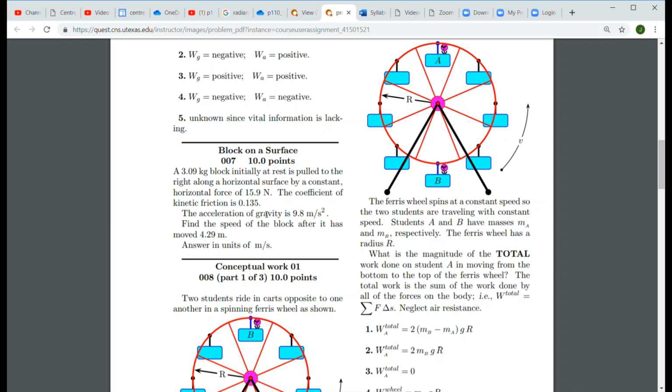So mu kinetic times mg would come in with a minus sign. So I add those two works together, that would be the net work done on the system.